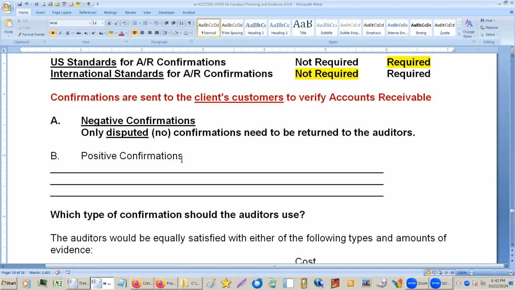So you say, is this amount correct? If no, please explain why and return it in the envelope we provided. If yes, please disregard this confirmation. Positive confirmations.